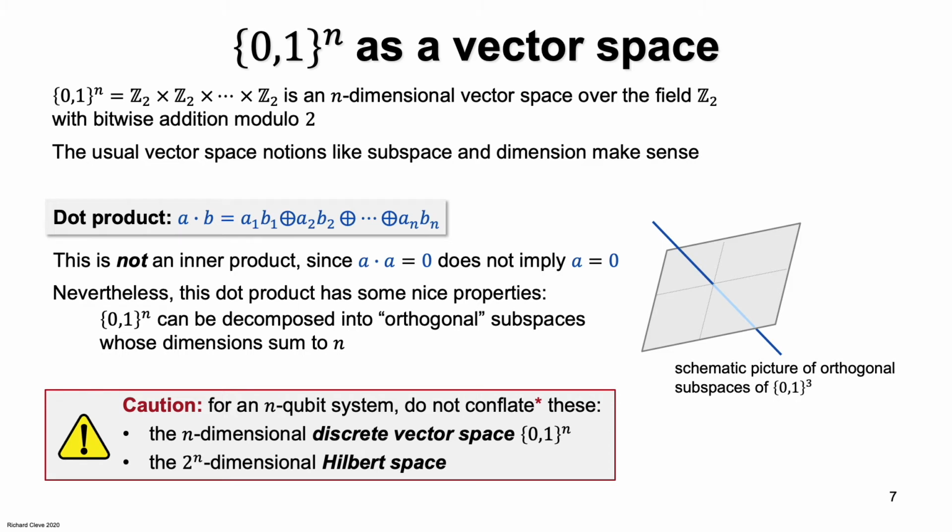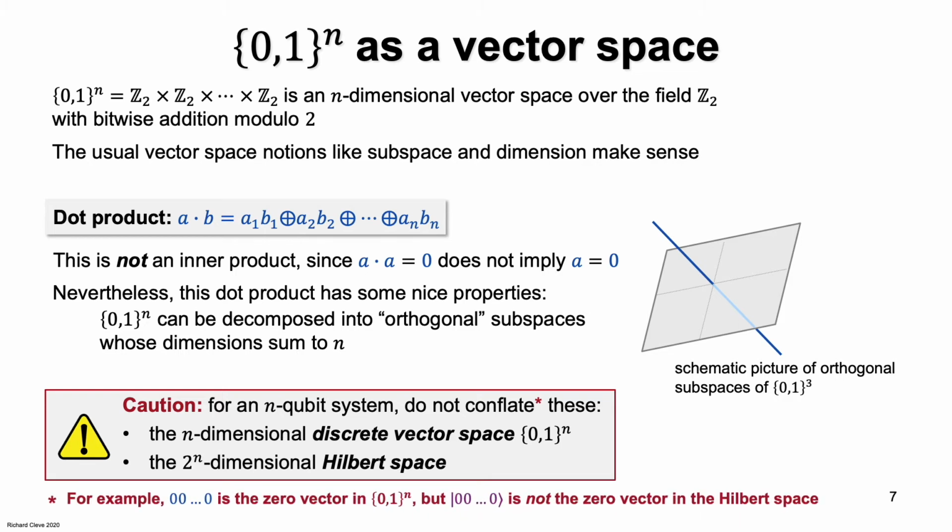Do not conflate these different spaces. For example, the n-bit string of all zeros is the 0 vector in the finite vector space, but the ket whose label is the n-bit binary string of zeros lives in the Hilbert space, and it's definitely not the 0 vector. It's a quantum state, which is a vector of length 1.